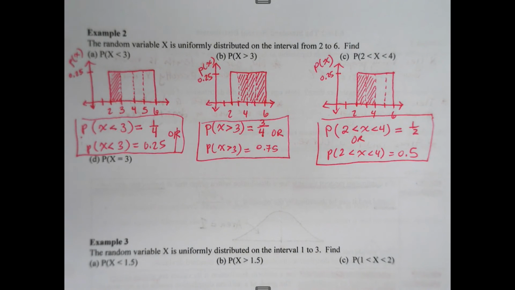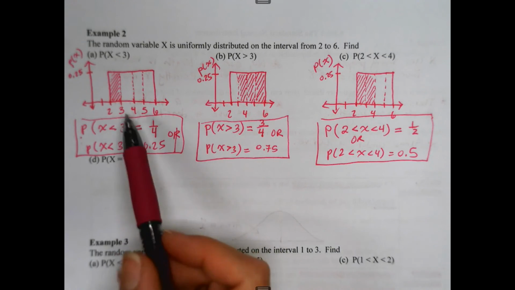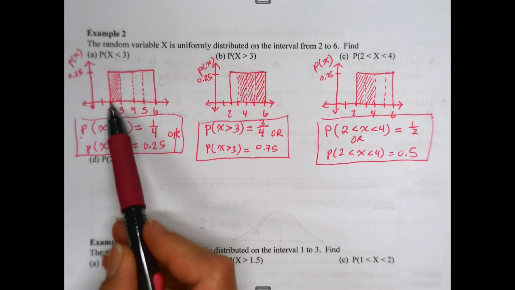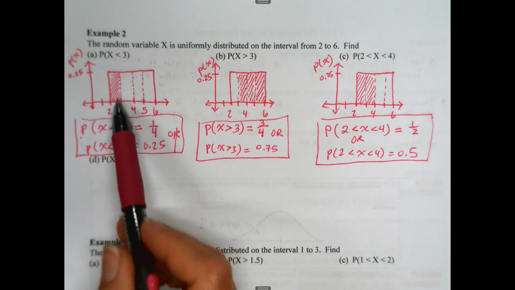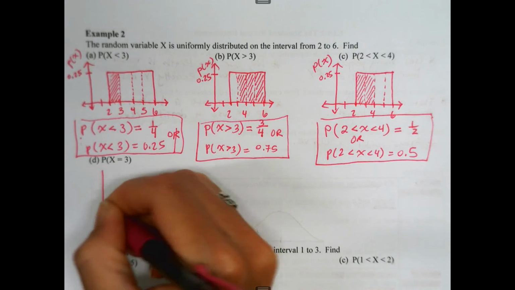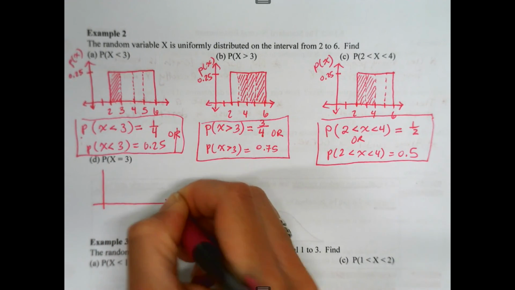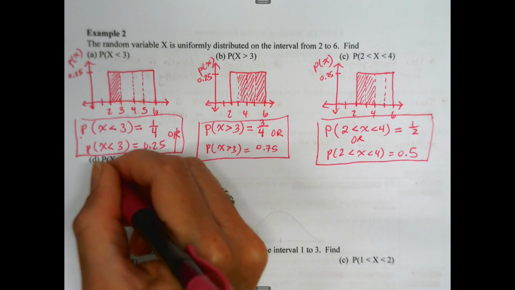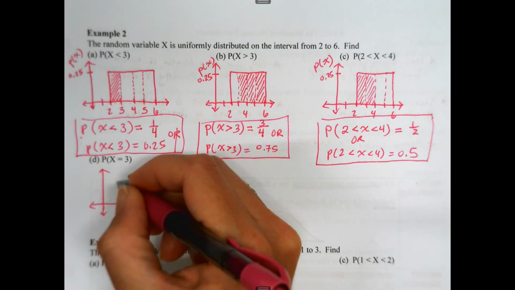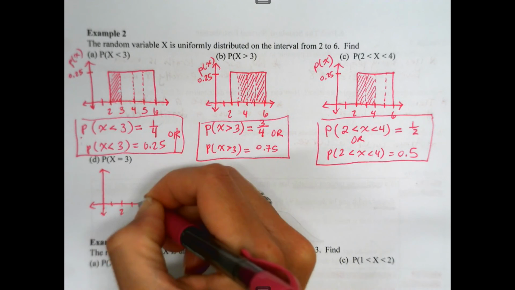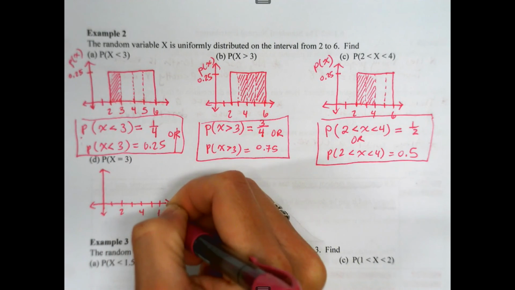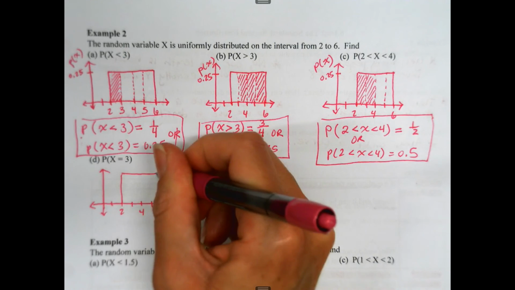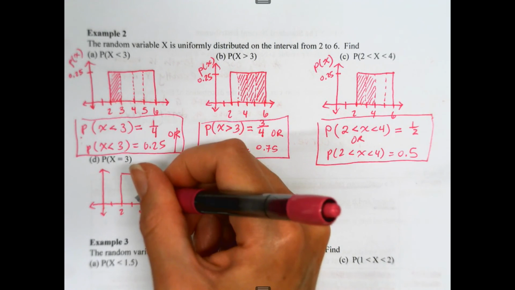And then for part D, what's the probability that x is equal to 3? Well, remember, we're talking about area here. We need a horizontal distance and a vertical distance. But if we're dealing with just a single number, like x is equal to 3, we don't have any width, right?